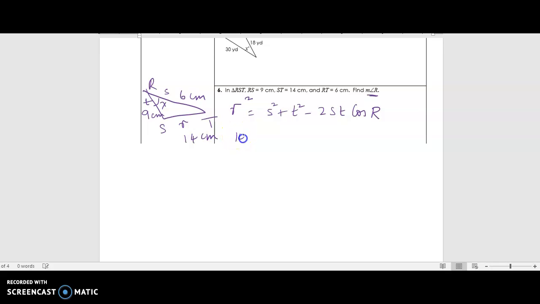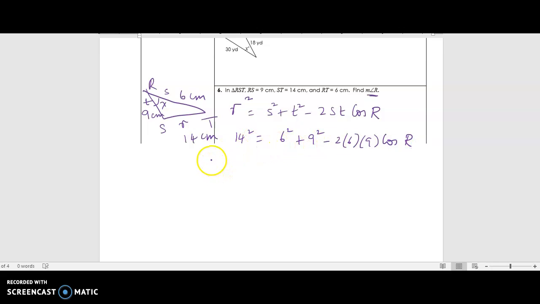R squared is 14 squared equals 6 squared plus T is 9 squared minus 2 times 6 times 9 times cosine of R.